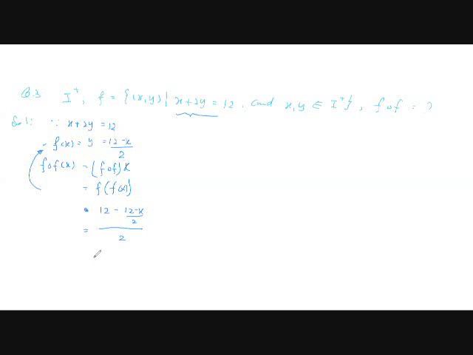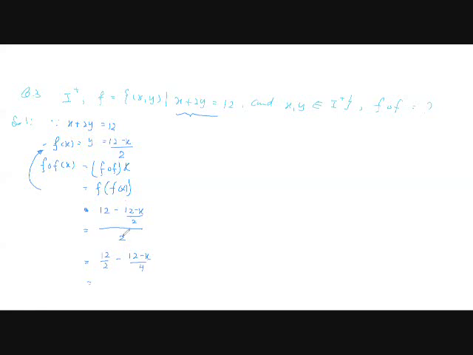Simplifying, we get 12 over 2 minus 12 minus x over 4, right?